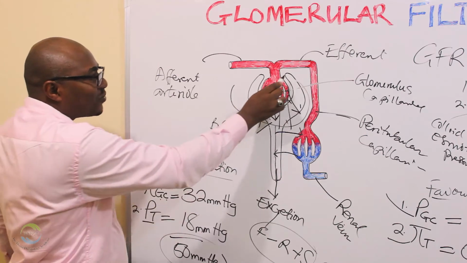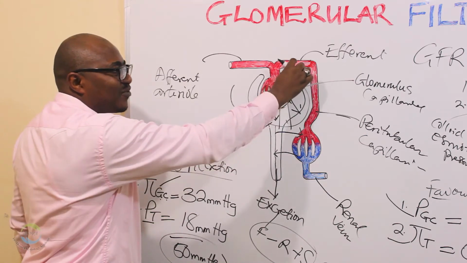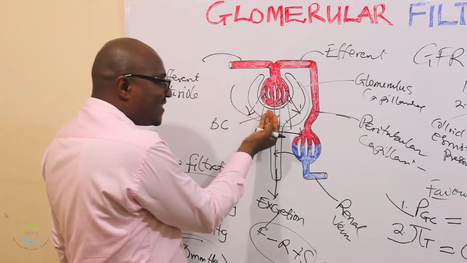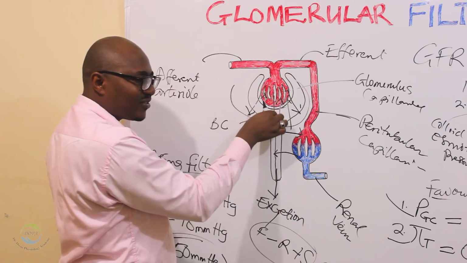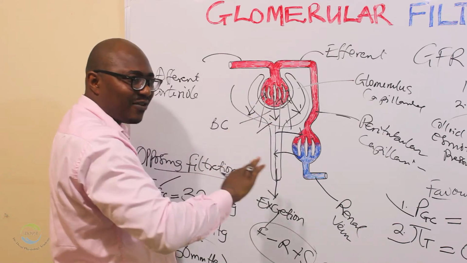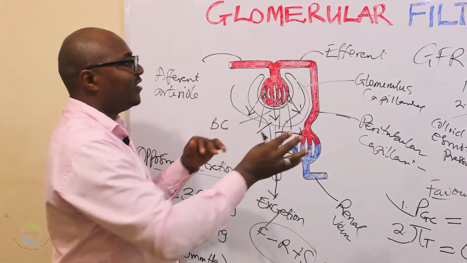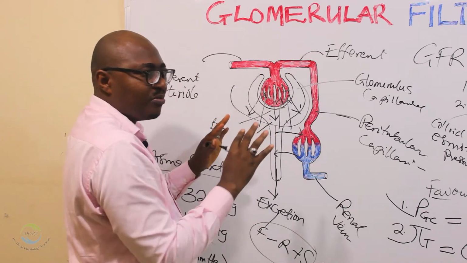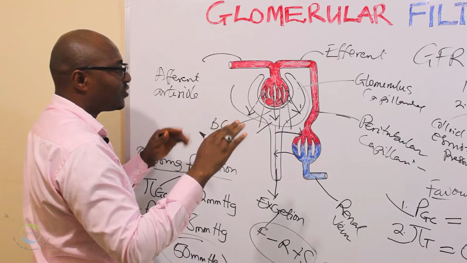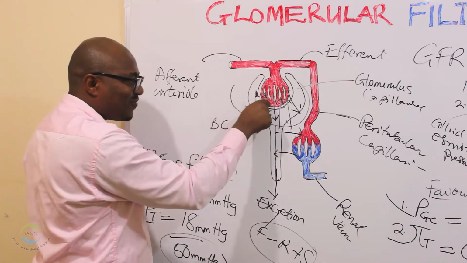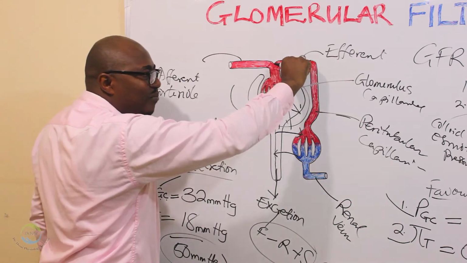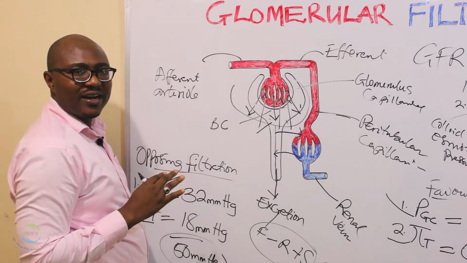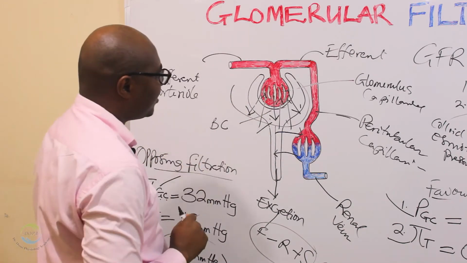And because it constricts this efferent more, the overall effect will be that it favors glomerular filtration at normal levels. But when it's very high, it will just close everything. Okay? It will reduce. But at normal, mild levels, angiotensin 2 will favor filtration because it will constrict this one more than this one, just a little. And all right, so that's just by the way.